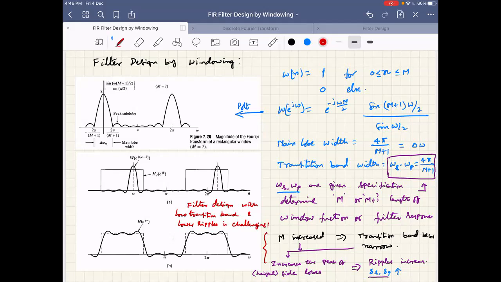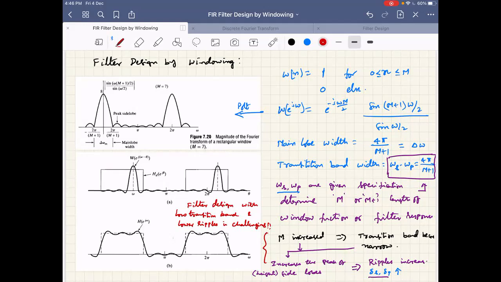If we reduce the transition bandwidth, it increases the ripple. If we want lesser ripple, then we have to compromise on the transition bandwidth.